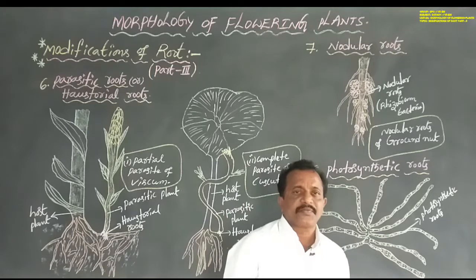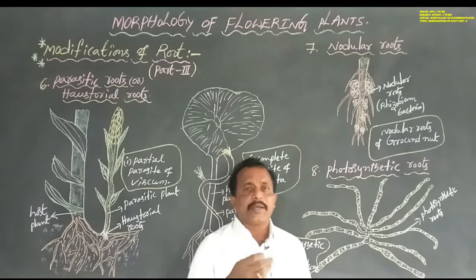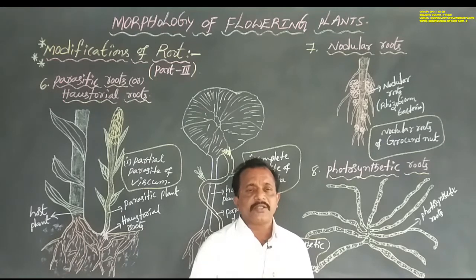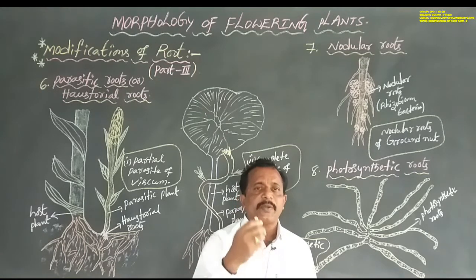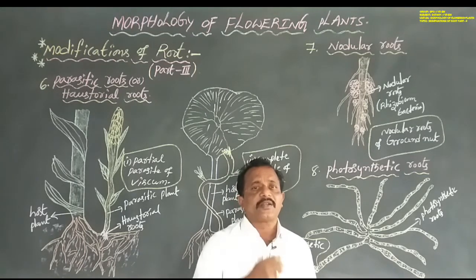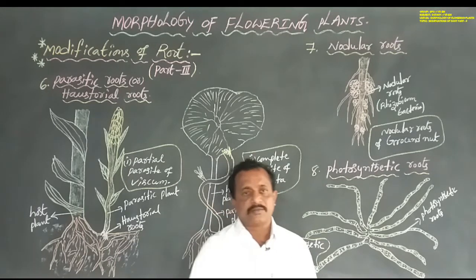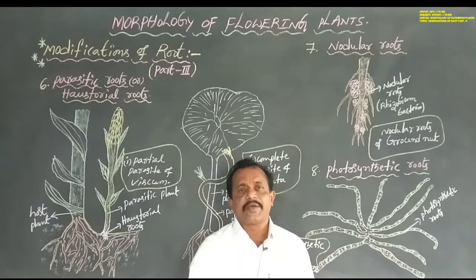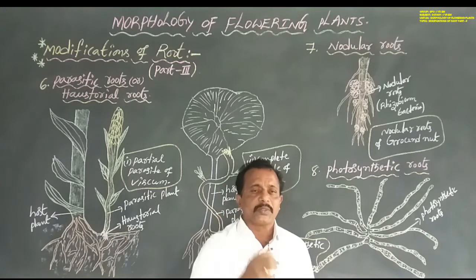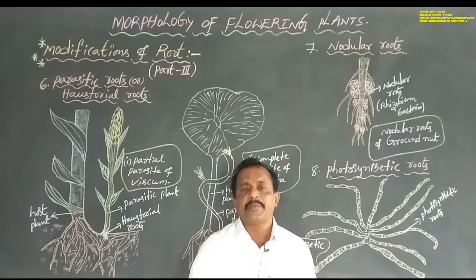Dear students, what is the meaning of parasite? Some living organisms always depend upon other living organisms; that is called parasitic organisms. Some bacteria, some viruses, some fungal organisms always depend upon living plants, living animals, living human beings.